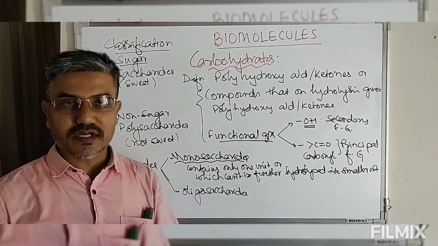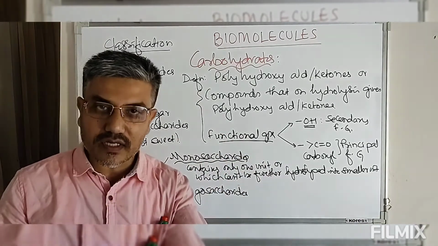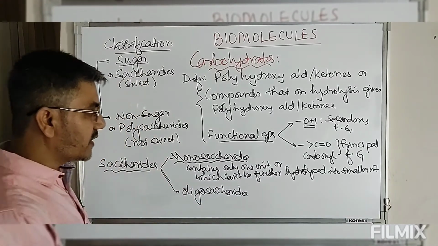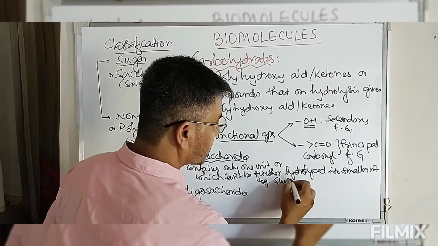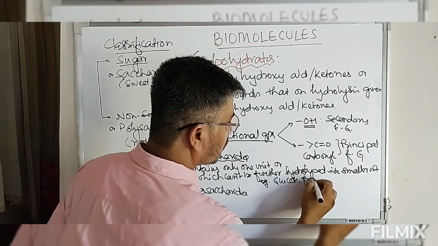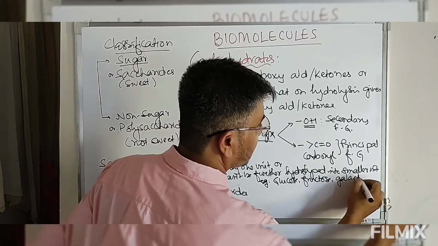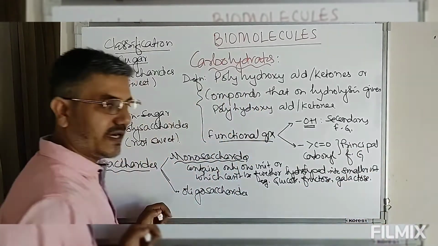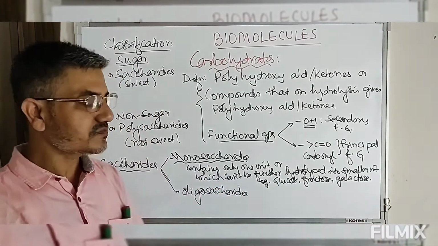This being the smallest unit, these cannot be further hydrolyzed into smaller units. So examples of monosaccharides: we have glucose, fructose, galactose, etc. So these are known as monosaccharides.